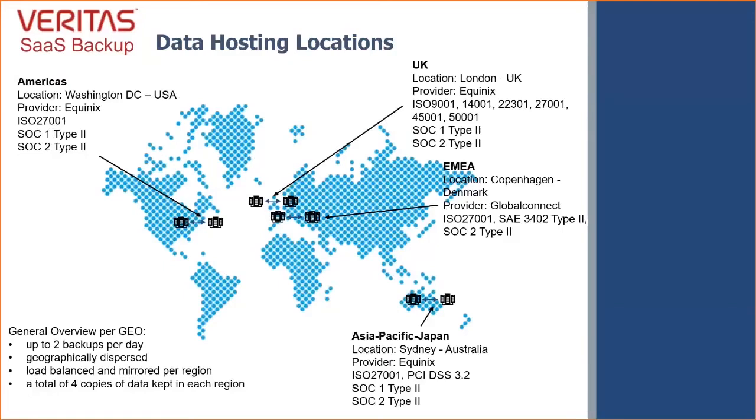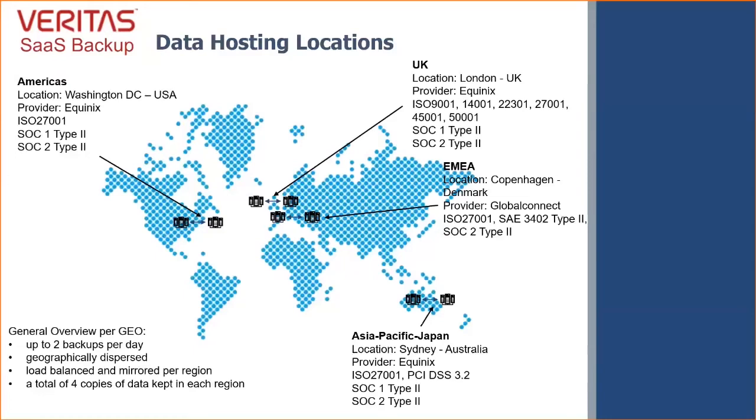It does up to 2 backups a day. It's geographically dispersed and load balanced and mirrored between each of the regions as well. It's been done this way so that it's agnostic to providers like AWS and Azure, so that, for instance, if Azure went down, which it can do occasionally, we've got the ability to still be backing up.